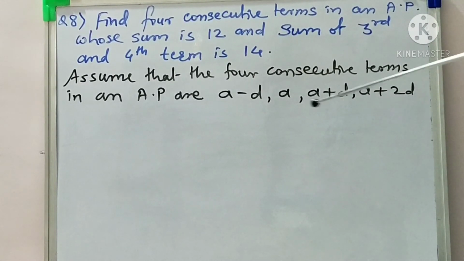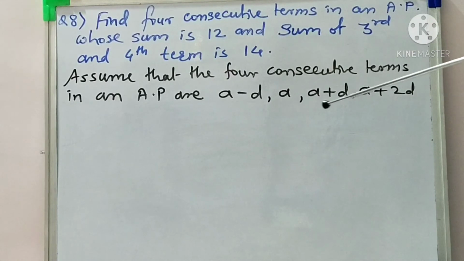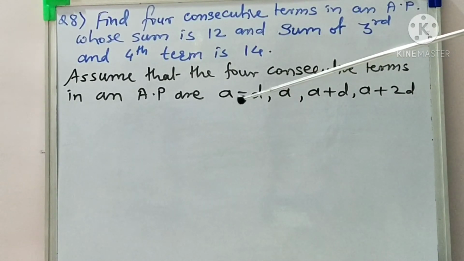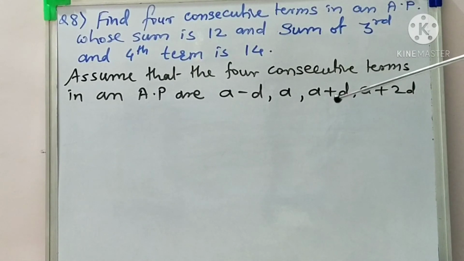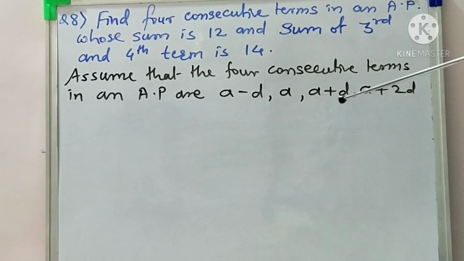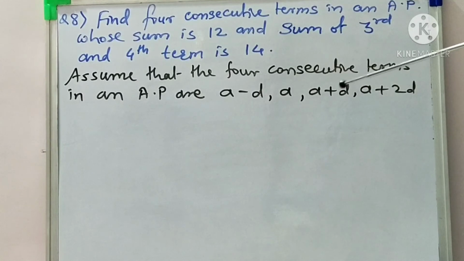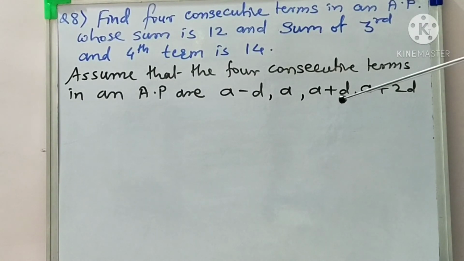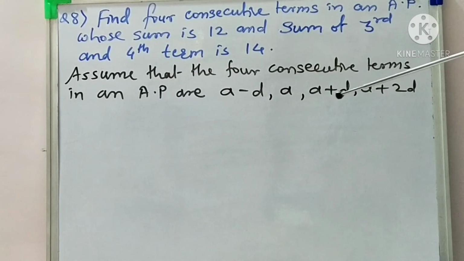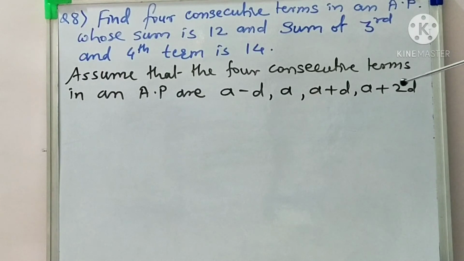Like the previous three consecutive terms, here the first three consecutive terms are a minus d, a and a plus d, and what do we do here, students, next to a plus d, to find the consecutive term, we add the common difference to a plus d, so a plus d plus d is a plus 2d. So like this we consider these 4 consecutive terms.